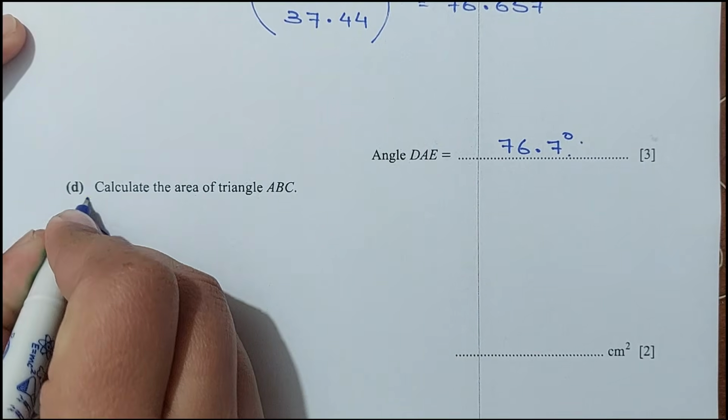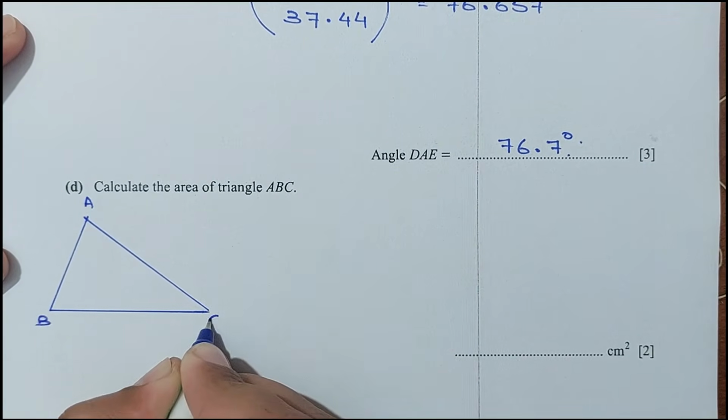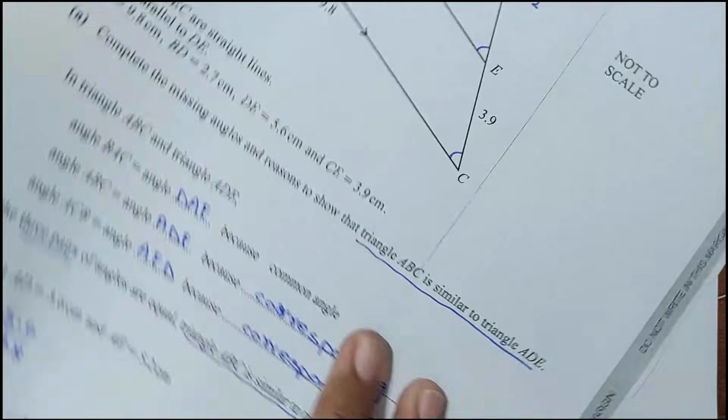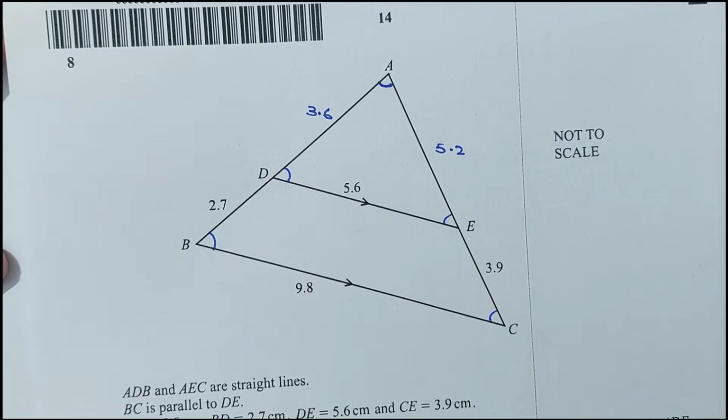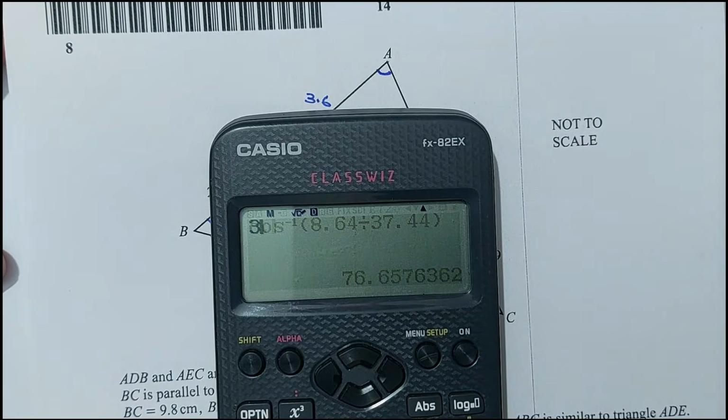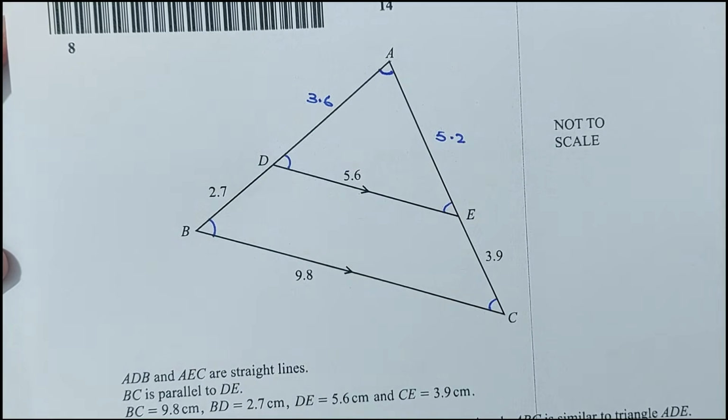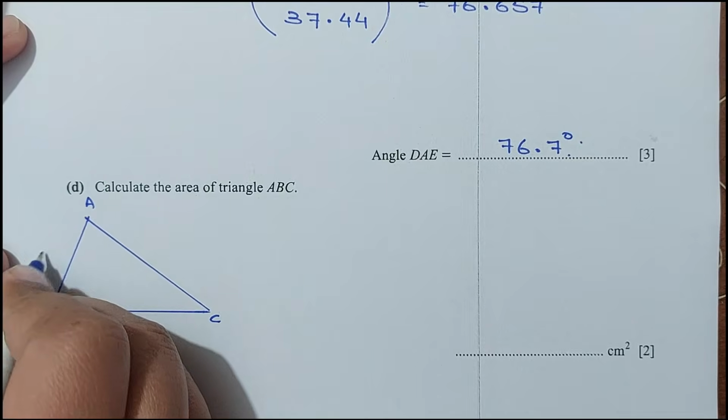Okay, this is A, this is B and this is C. So what is AB? 3.6 and 2.7, the sum of these two. 3.6 plus 2.7 is 6.3. This side is 6.3.